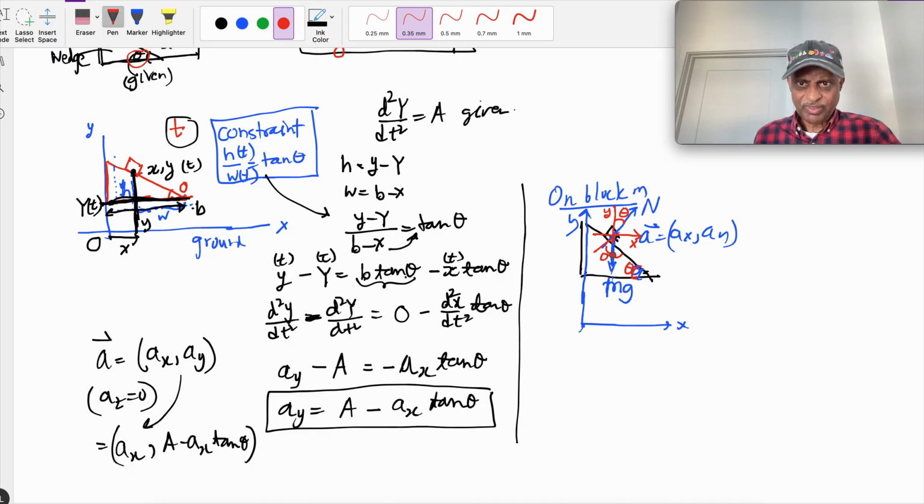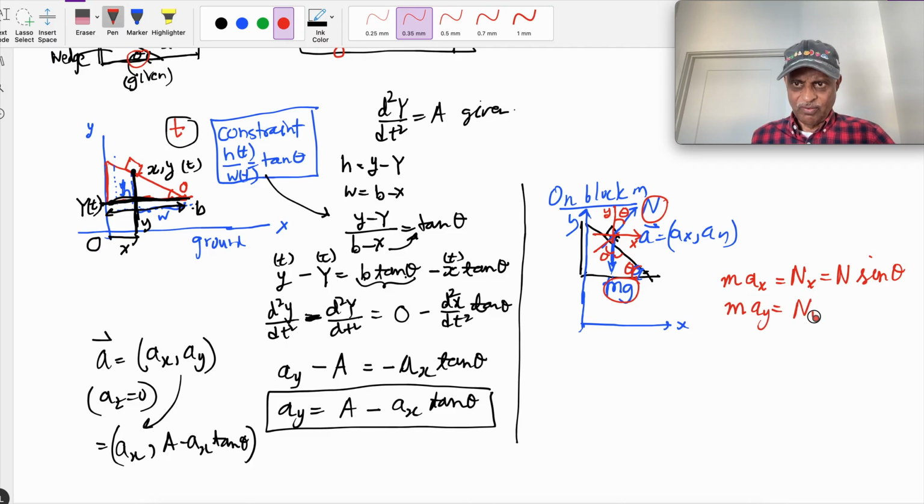So the x is this, only this guy has x component, this guy does not have x component. So m times ax is just nx, which is n sine theta. So that's one equation, and m times ay will be ny minus mg.